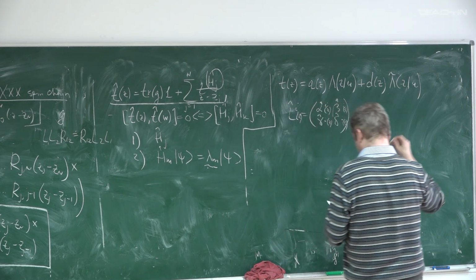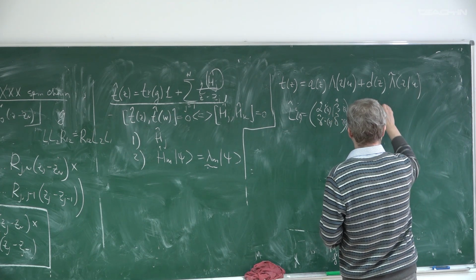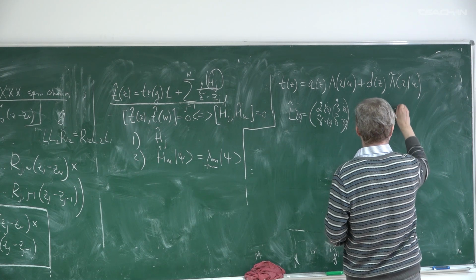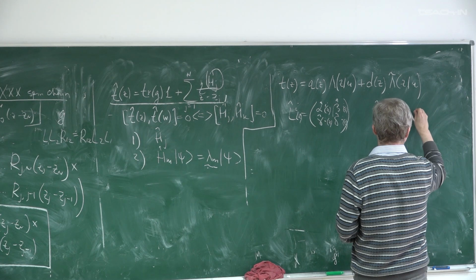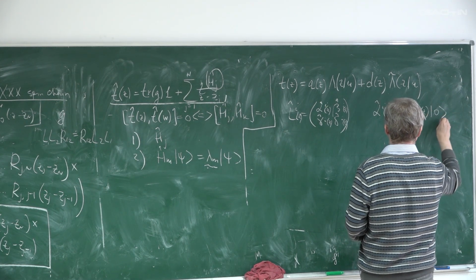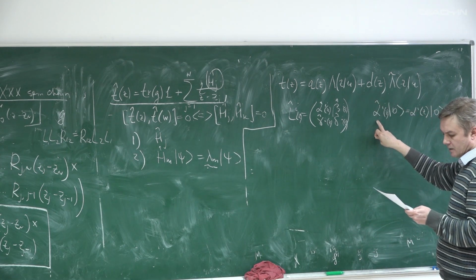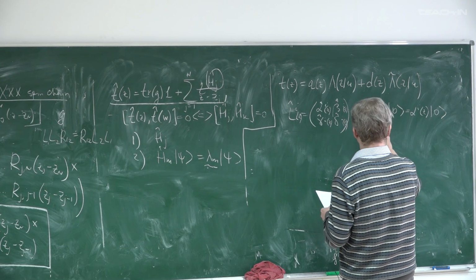Then we say that this alpha acts on the vacuum vector by some number, some function. So the vacuum vector is the eigenvector for this alpha, and the same for delta.